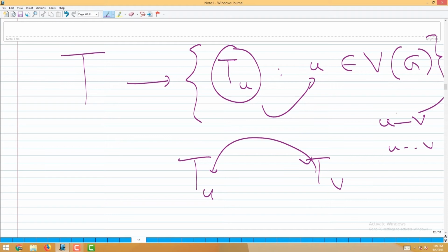If u and v had an edge, then we know that there is a maximal clique containing both of them together, because that is also a property of the tree decomposition. There is some bag in which both of them come together, and that is a maximal clique. So that bag, at least, where u and v came together, is part of both Tu and Tv, so there is an intersection between Tu and Tv.